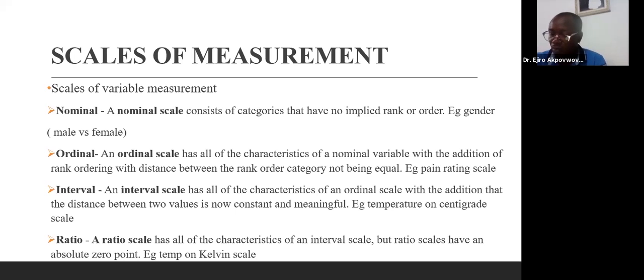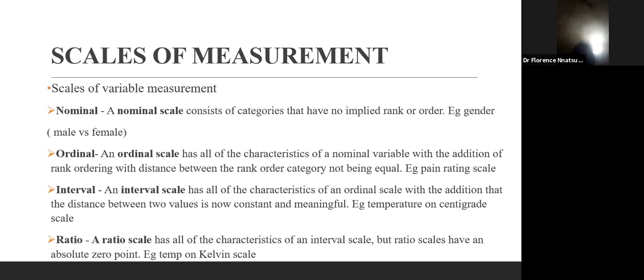Then interval scale. The interval scale is a variable which is a quantitative measure. It has a constant interval, which is either addition or subtraction. Like someone who is 30 years old is half as old as 60 years.